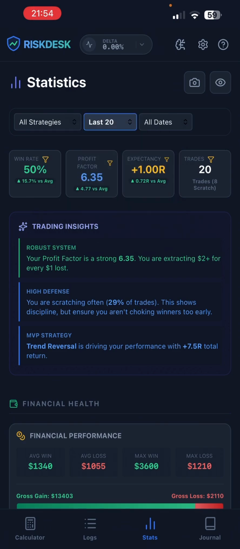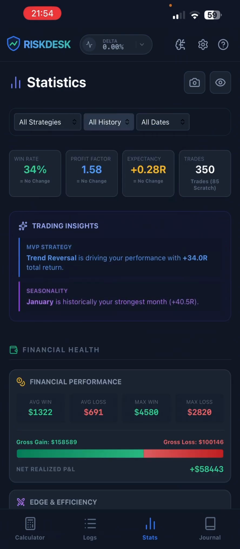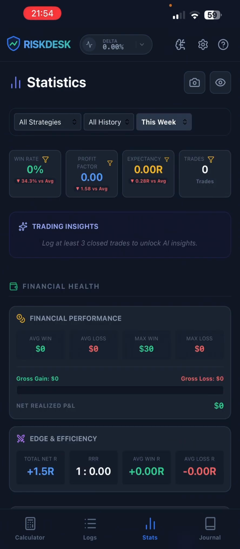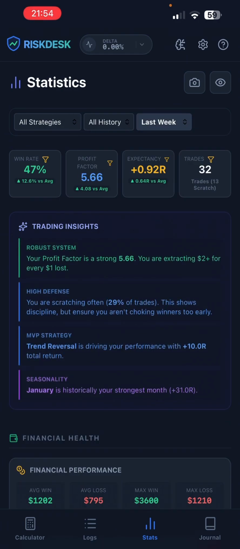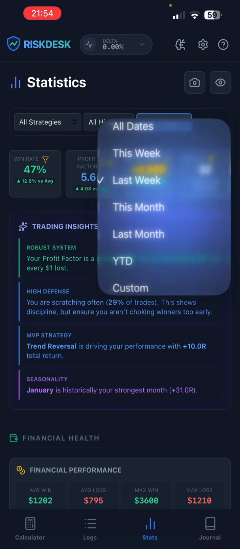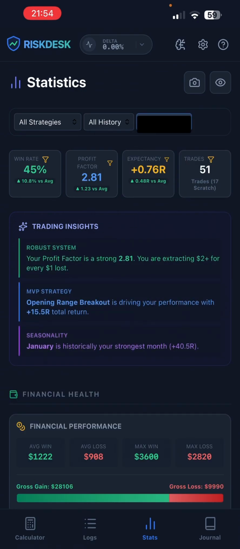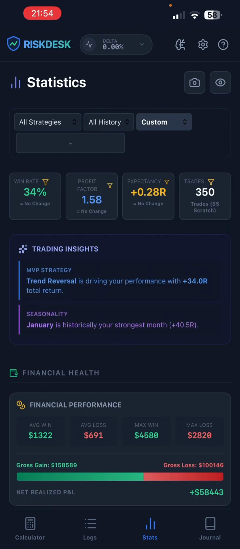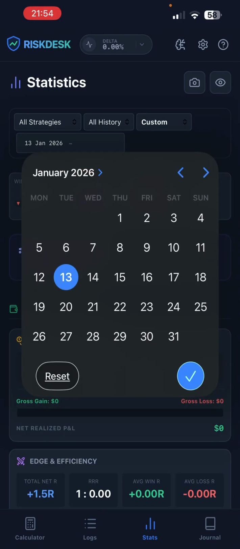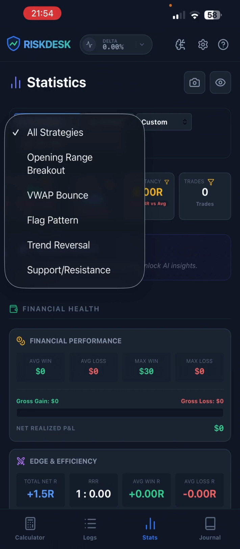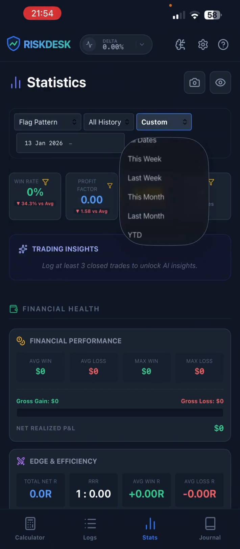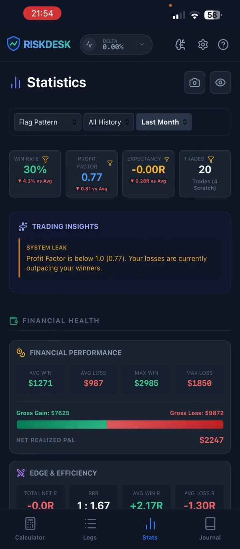You can filter it by specific date ranges as well: this week, last week, this month, last month, year to date, or a custom date range which you can then define. And you can combine things. So you can combine a strategy with a time period, for example.